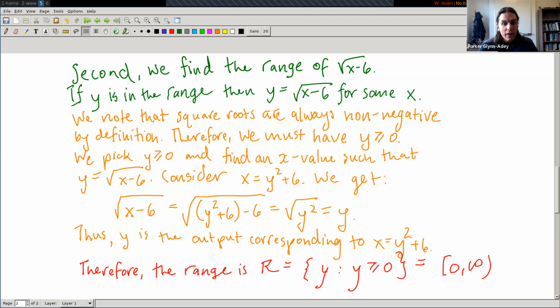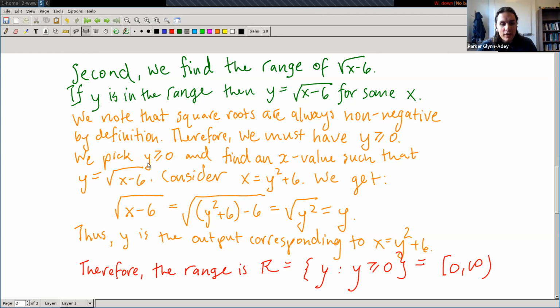So we want to find the range of the square root of x minus 6. If y is in the range, then y is the square root of x minus 6 for some value of x. We note that square roots are always nonnegative by definition. So we must have that y is bigger than or equal to 0, because y is a square root.